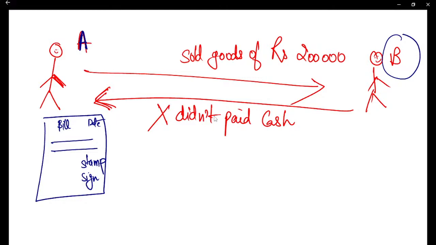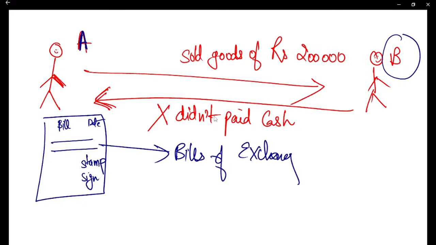So I am giving an unconditional order to B that he needs to pay 2 lakh to me. So this was bills of exchange, in which I was giving an unconditional order to B. And B has to accept it.